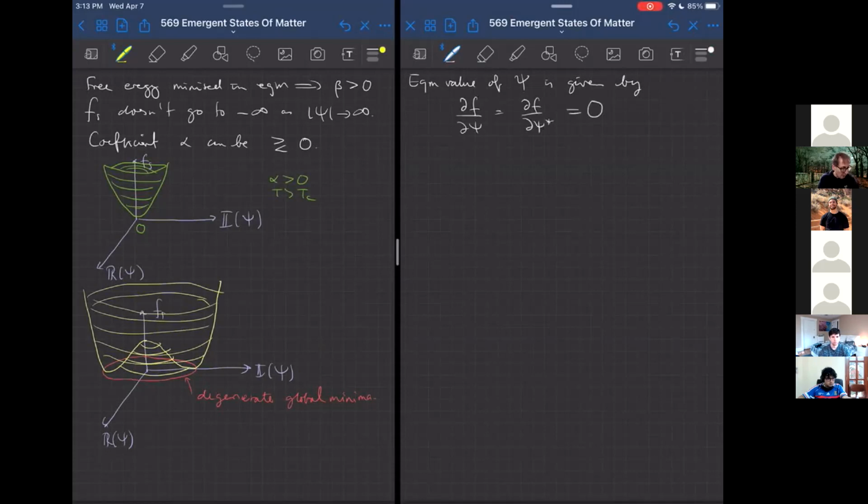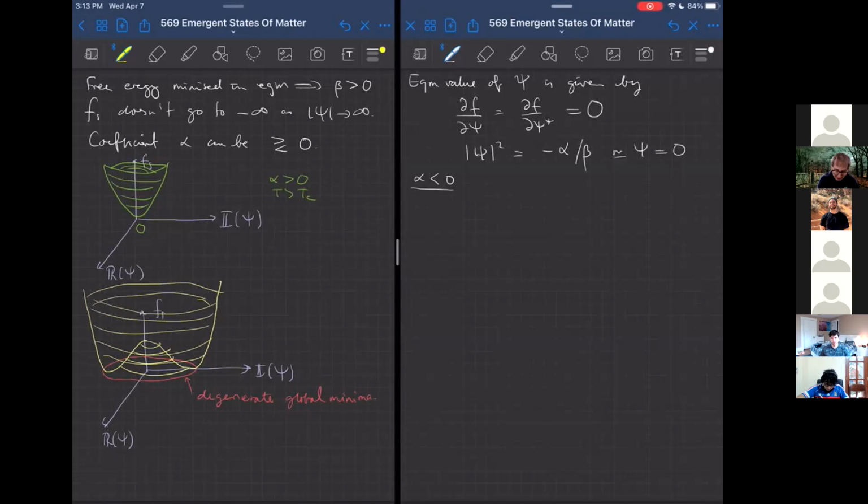And so what that tells you, just differentiating, is that psi squared is equal to minus alpha over beta. So let me just say it's either this or psi is equal to 0.